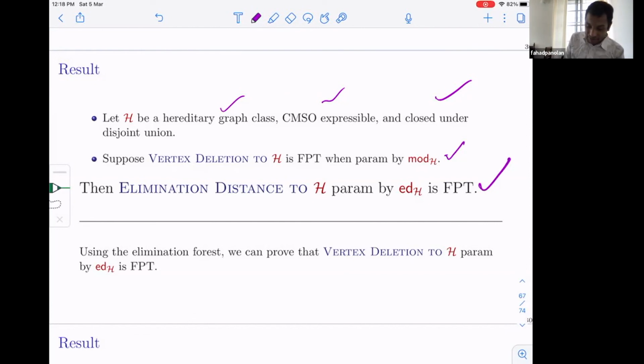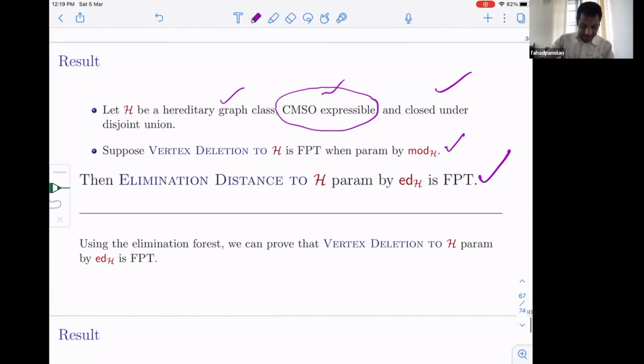And here we have CMSO expressibility and we have an elimination forest; these two together with some additional work, you can prove that vertex deletion to H parameterized by elimination distance is FPT.